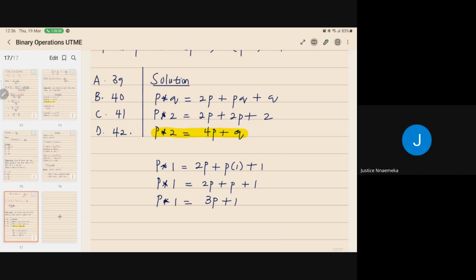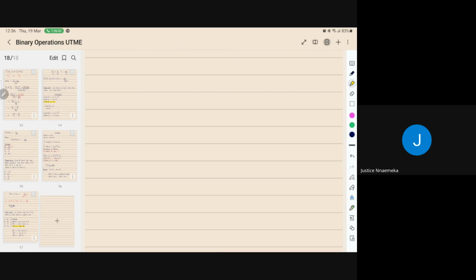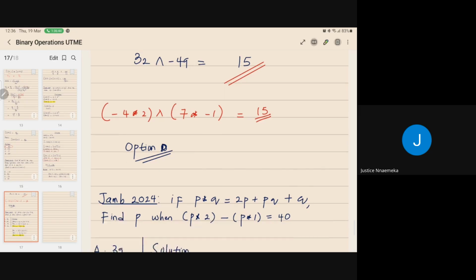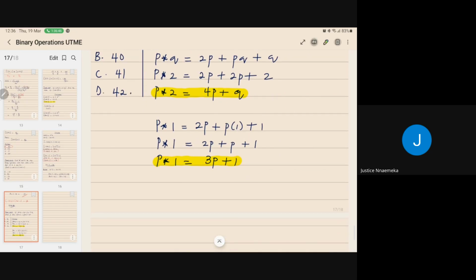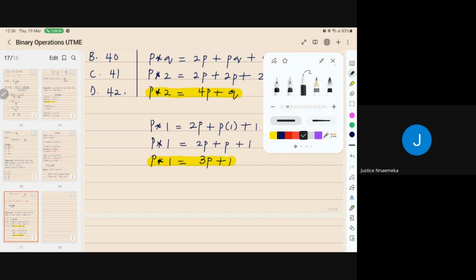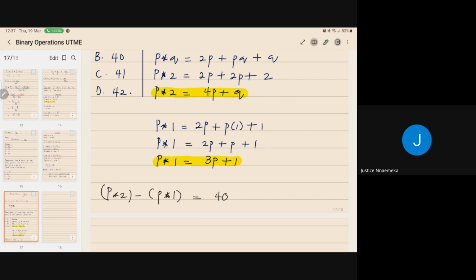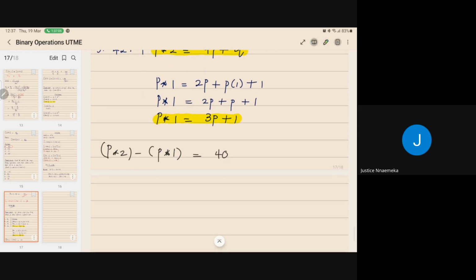Now, they said that when we subtract the both of them, it's going to give us 40. So it's just about using your brain to get the work done. So the relation says that p asterisk 2 minus p asterisk 1 is equal to 40. So p asterisk 2 is 4p plus 2.